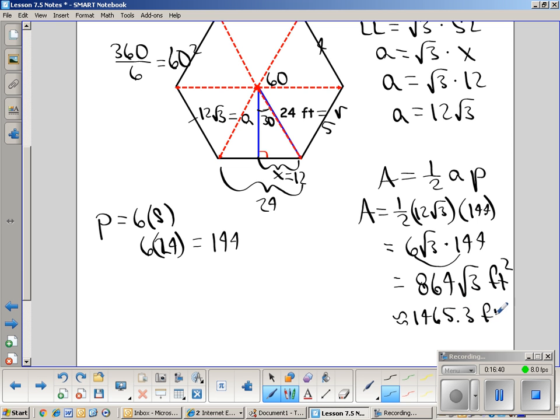Does anybody disagree with her? That's not what you got? Okay, let's double check it. Let's try it one more time. Make sure we use the square root symbol. 864 times square root of 3. Oh, okay.